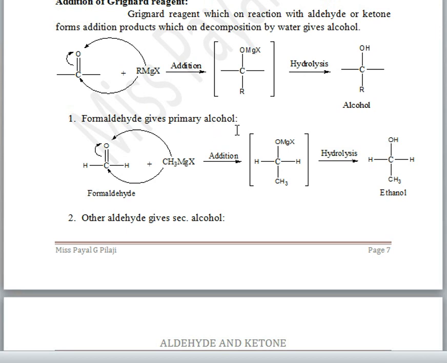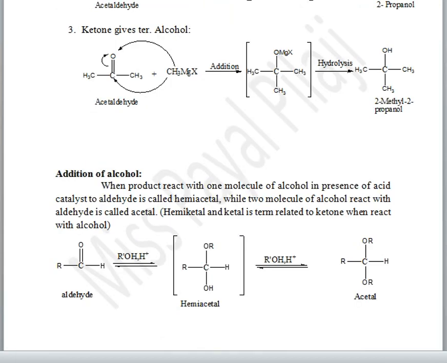Formaldehyde gives a primary alcohol and other aldehydes give a secondary alcohol, and ketones give a tertiary alcohol in the Grignard reagent reaction.